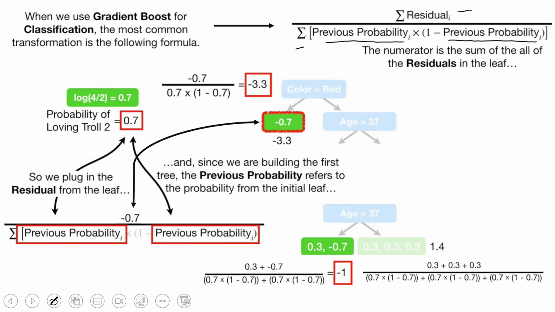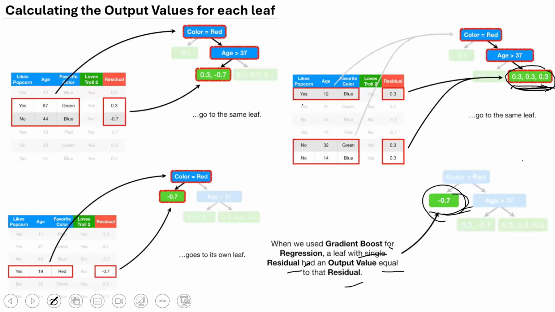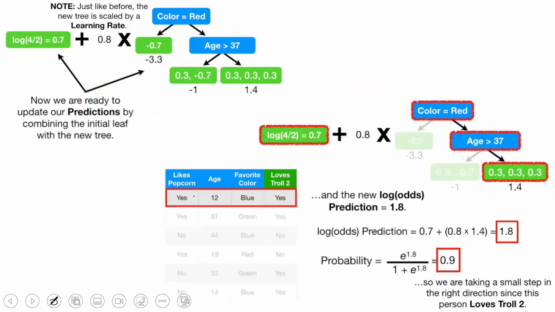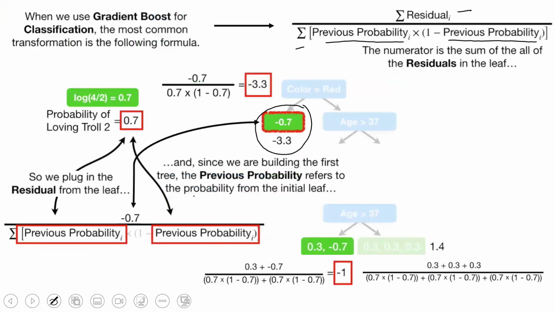Just to give you an example, if you want to convert this particular leaf node, which is minus 0.7, this is the tree that you have constructed, and this is a leaf node. Now we are trying to transform this leaf node. You need to do a transformation because you cannot deal with the probabilities directly.